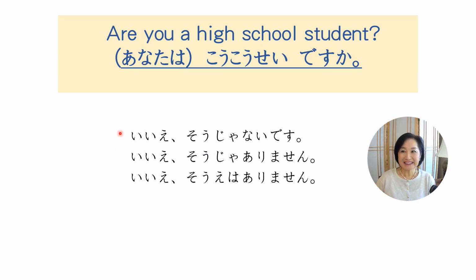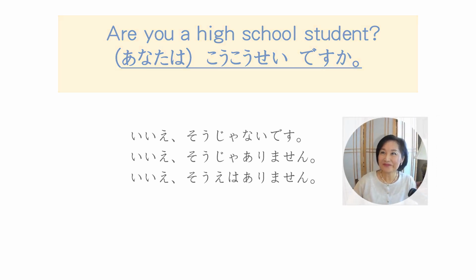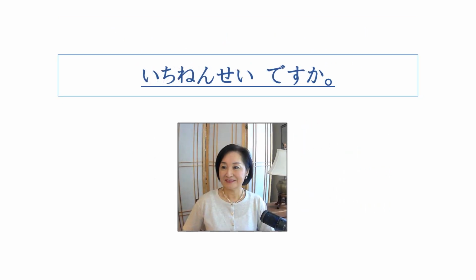So let's practice saying this one twice. いいえ、そうじゃないです。いいえ、そうじゃないです。And you also learned the pronoun rules from my previous lesson.